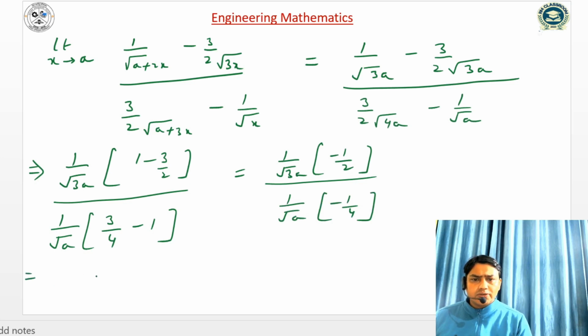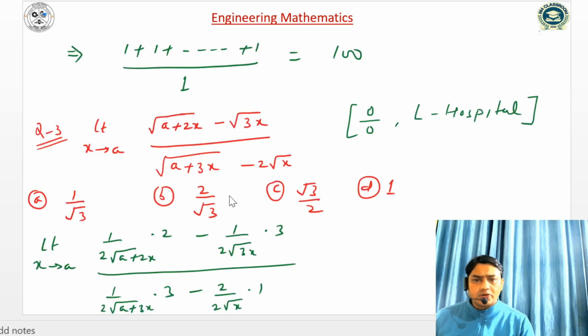So we can write minus 1 divided by 2 root 3a, into 4 square root of a, divided by minus 1. The square root of a cancels, so it will be 2 by root 3. So if I see the options, B option is correct, 2 by root 3.